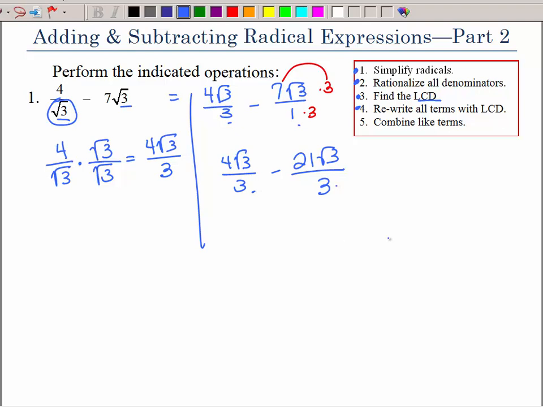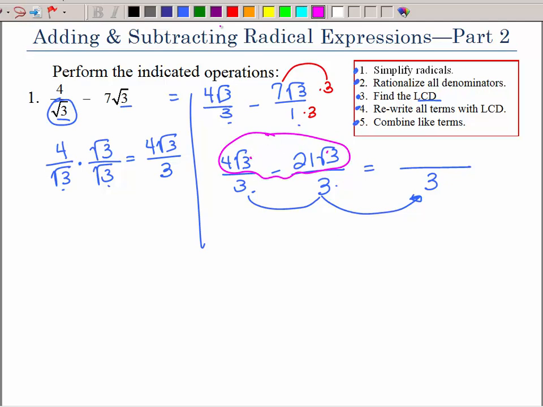I did that a little fast, so let's just go back. I rationalized the denominator, got to here, found a common denominator, got to here. Now let's see what kind of like terms we can combine. Fractions have to have the same denominator. I keep the denominator, and I collect, if any, like terms across the top.